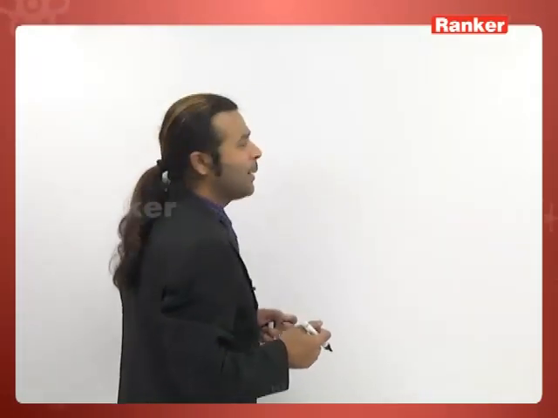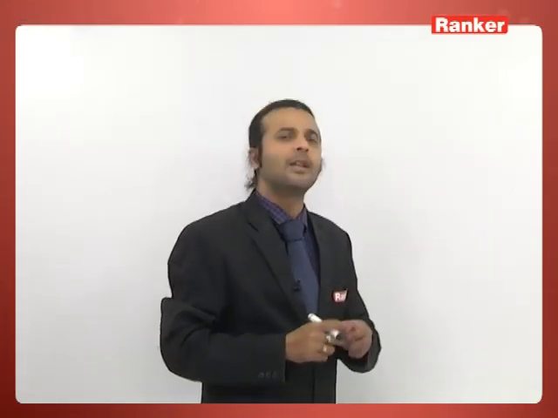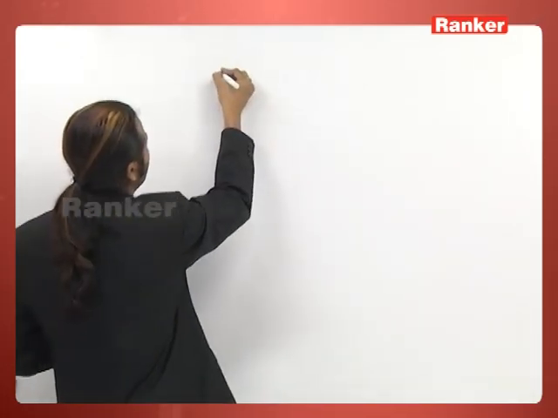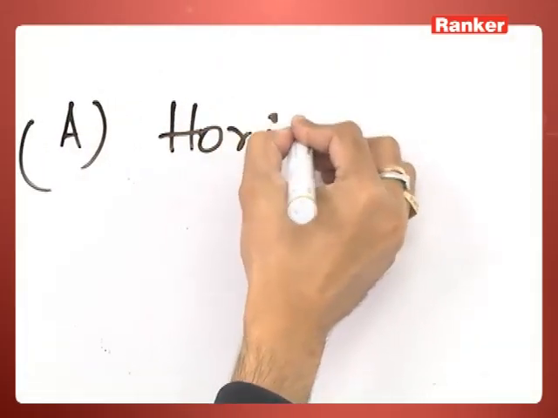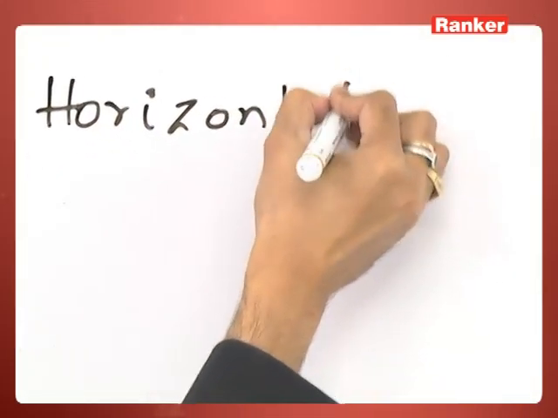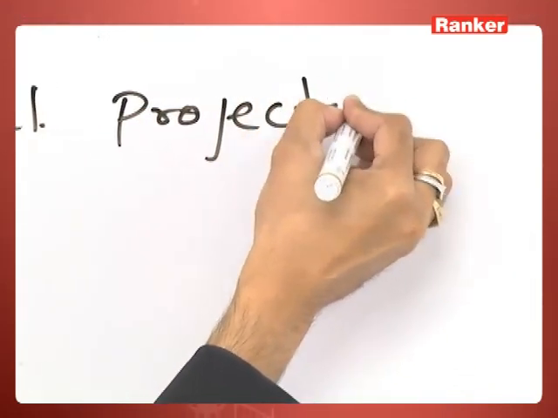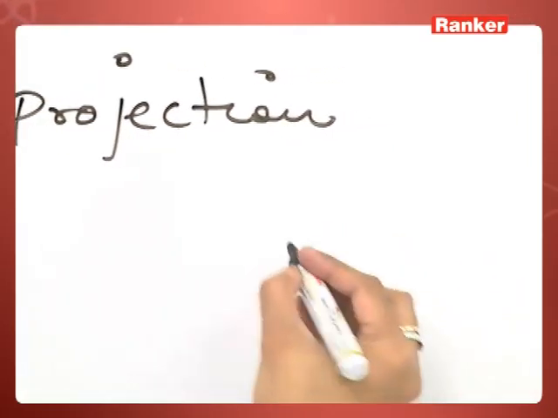Now we will consider the types of projectiles that we will use while discussing some problems for JEE Mains as well as JEE Advanced. The 3 types of projectiles are: number A, horizontal projection or horizontal projectile.